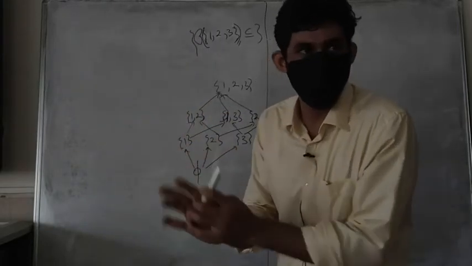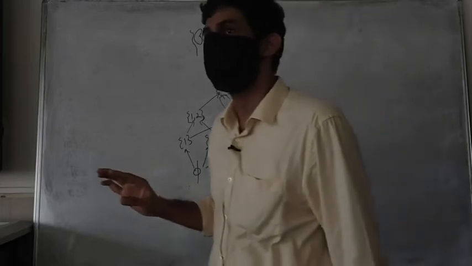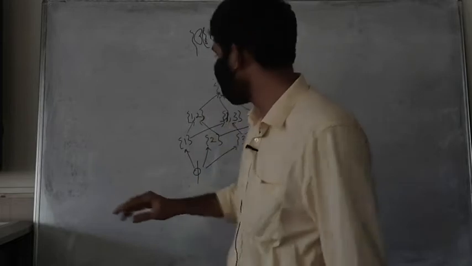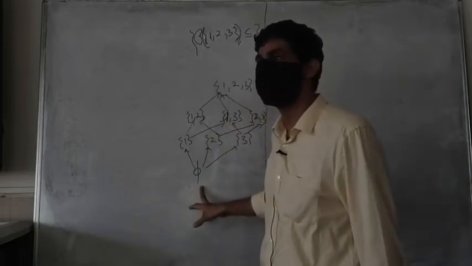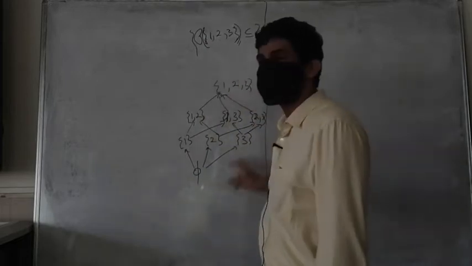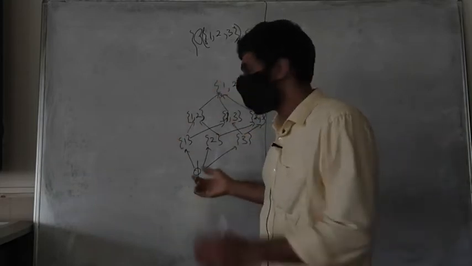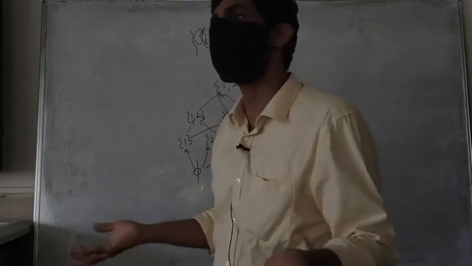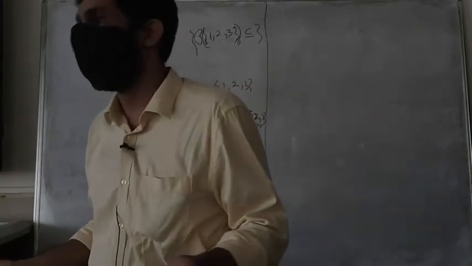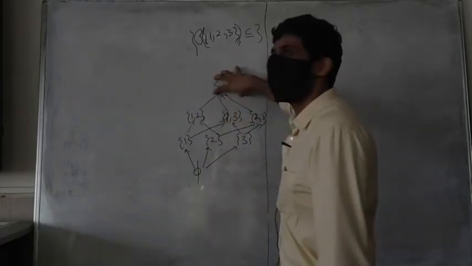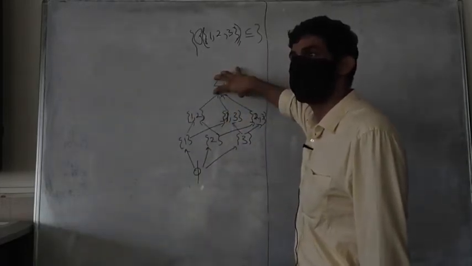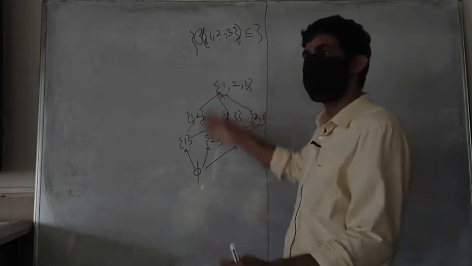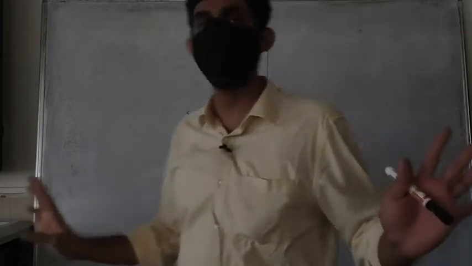That's the only anti-chain it can be in. Why can this not be in any other anti-chain? It's related to all the other sets, right? This is contained in every other set, so it is less than or equal to every other set. So it cannot be in any other anti-chain. Okay. Similarly, the full set cannot be in any other anti-chain, right? Because it's related to every other element. It is greater than all the other elements. So it cannot be in any anti-chain.